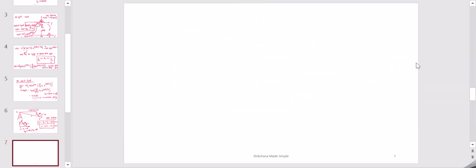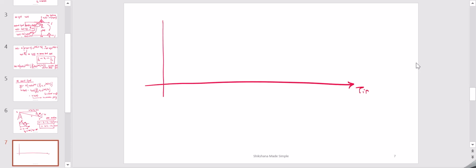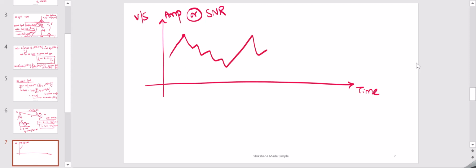So basically, if you see the signal over a period of time versus amplitude, or you can say SNR, then if at some point there is constructive interference, there is a very good amplitude or SNR, and then there can be a variation.